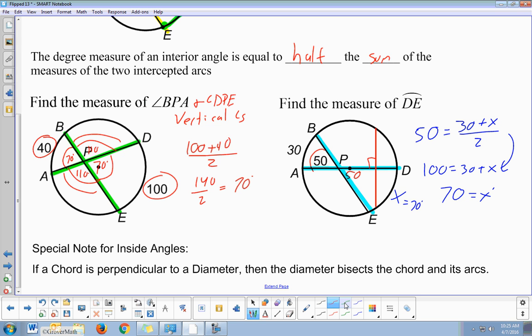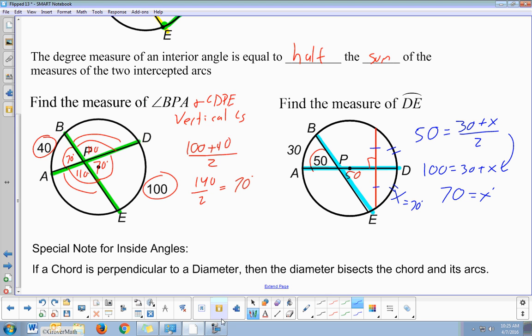What we're trying to say is that this diameter bisects this chord, but it's also bisecting this arc. So these 2 pieces of arc are equal, and these 2 pieces of chord are equal. The lengths of the chord is something that we'll discuss in the next chapter when we get to segment lengths in circles. But that's just an interesting thing. If you see a chord and diameter perpendicular, you get a bisecting relationship.